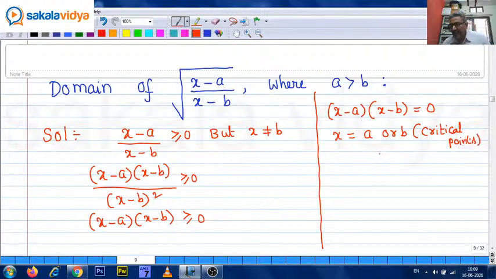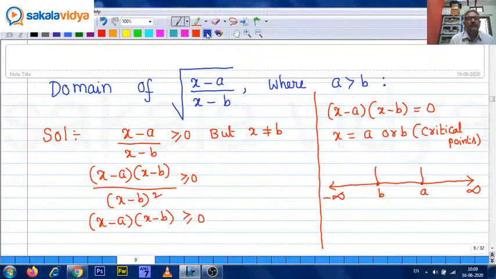So to apply the wavy curve method, first draw the number line. This is minus infinity, this is plus infinity. a is greater than b, which means b is here and a is to the right of b. So b is less than a. This is plus sign. Okay, directly I will write minus sign and plus sign.